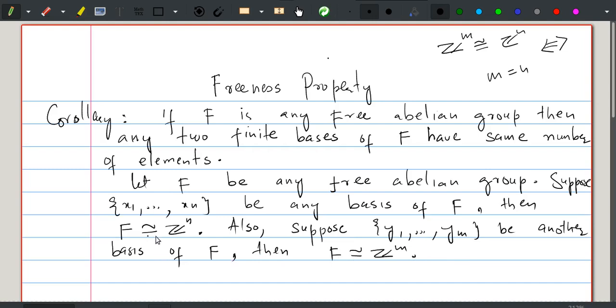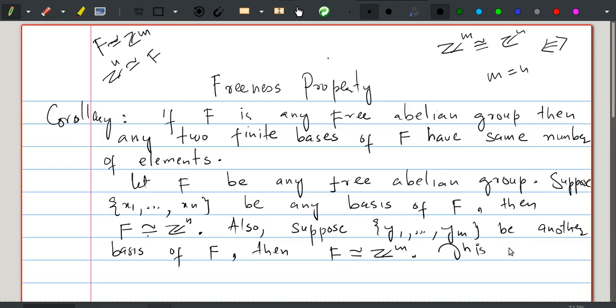Now, the relationship of being isomorphic is an equivalence relation. Hence, this will be symmetric as well as transitive. So now F is isomorphic to Z^m, and F is isomorphic to Z^n, means Z^n is isomorphic to F. So using transitivity, Z^n is isomorphic to F and F is isomorphic to Z to the power m, we conclude that Z^n is isomorphic to Z^m.